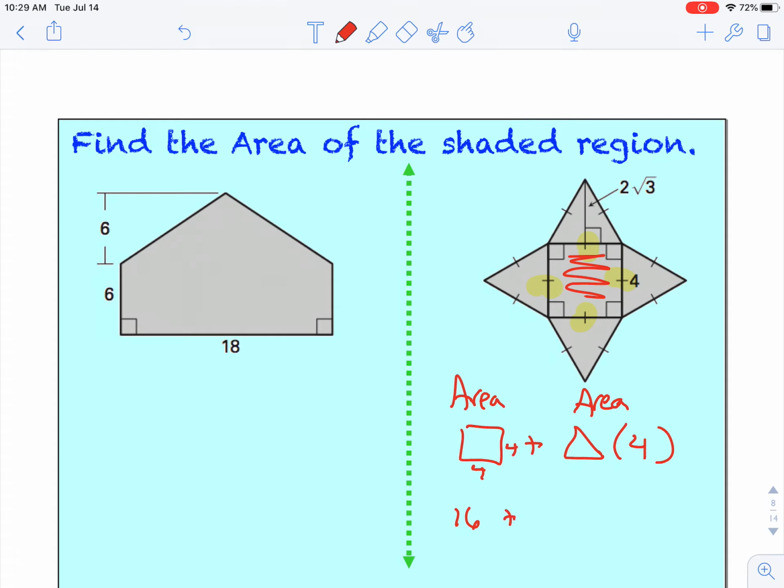So the area of the square is 4 times 4, or 16. The area of one of the triangles, the base of the triangle is 4, so the area of one triangle is 1/2 our base, which is 4, times our height, which is 2 square root of 3. And then we have to multiply that by 4.